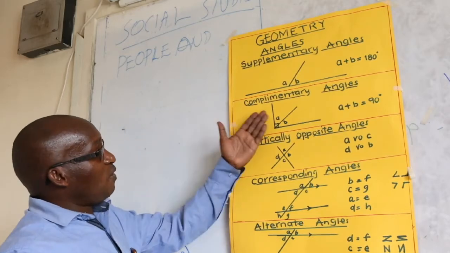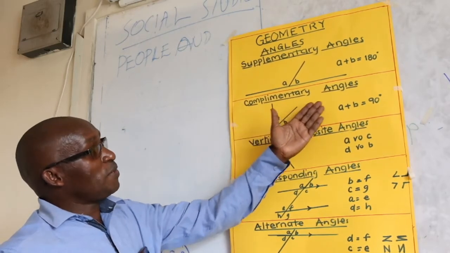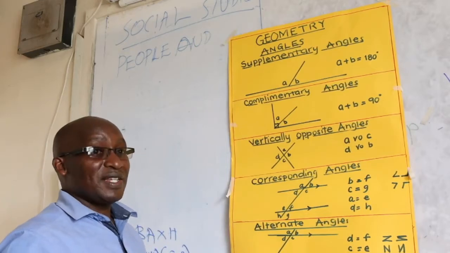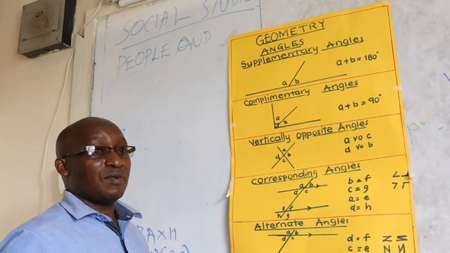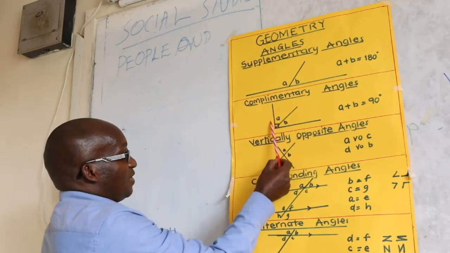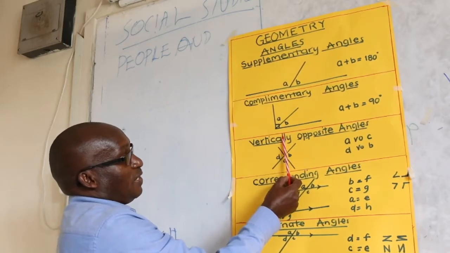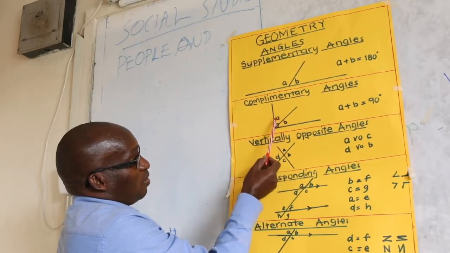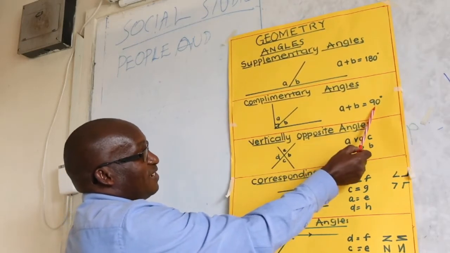The other type of angle that we have is what we call the complementary angles. What are complementary angles? Complementary angles are angles that add up to 90 degrees. For instance, this angle here is a right angle. And so the sum of these two angles is equal to 90 degrees.